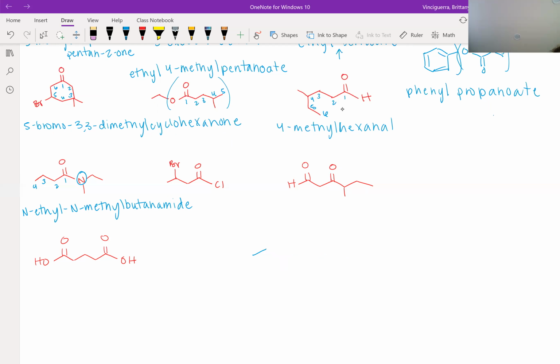Okay, so for the next one, we have an acid chloride. What is the suffix for acid chlorides? Is it going to be acyl chloride? No, it's not acyl chloride, but that's pretty close.